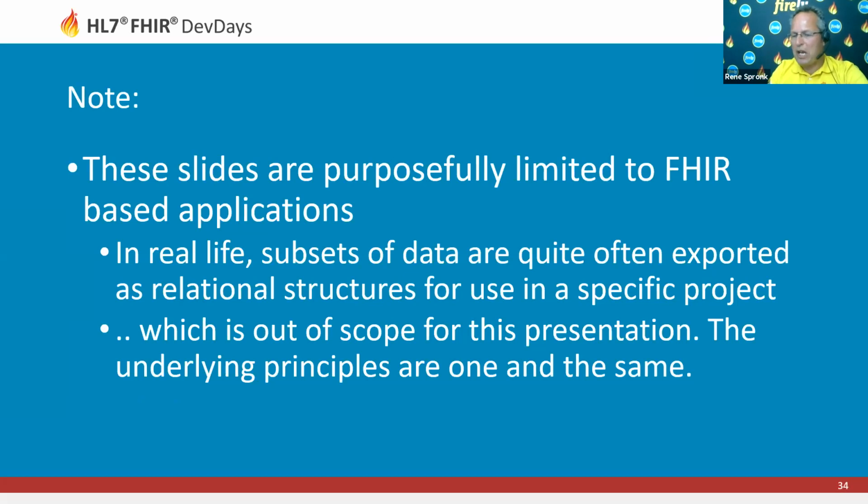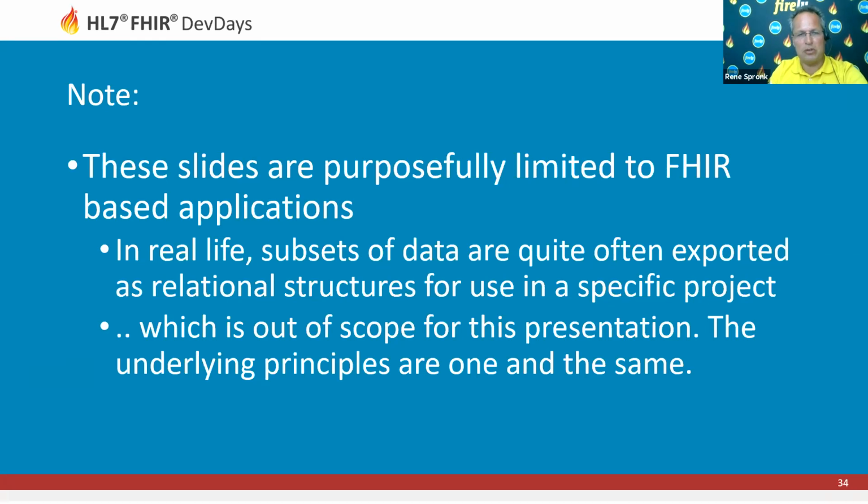Now, as I said, these slides are purposefully limited to FHIR applications. These are the FHIR DevDays, and otherwise we'll have to talk about graph databases and relational databases and what have you. But as I said, a lot of the steps that I discussed here, although I discussed them in a FHIR type of flavor, apply one-to-one when you're transforming to different data structures as well.